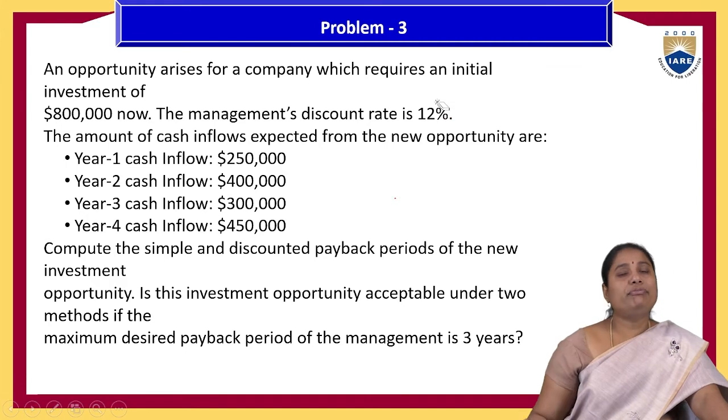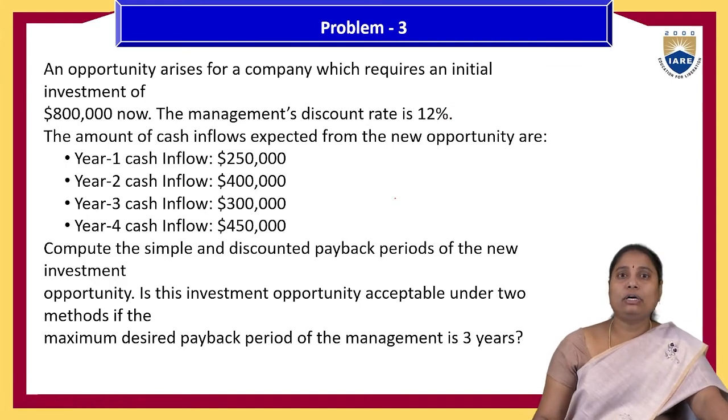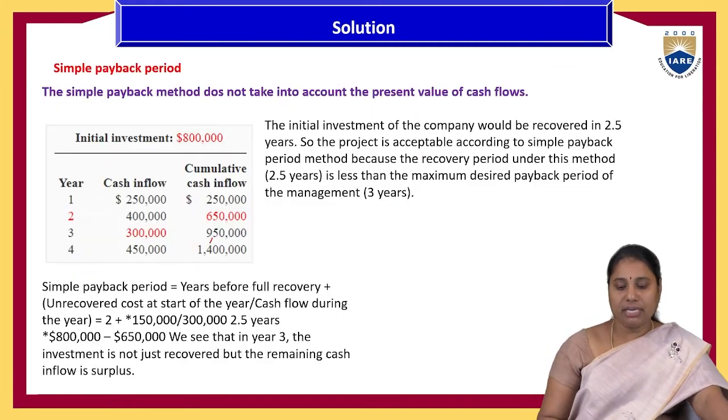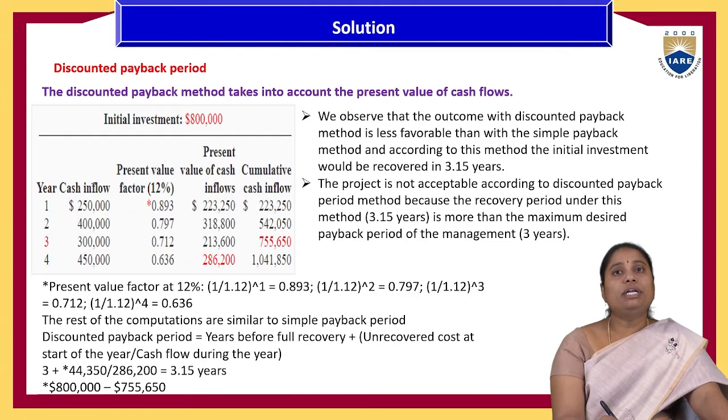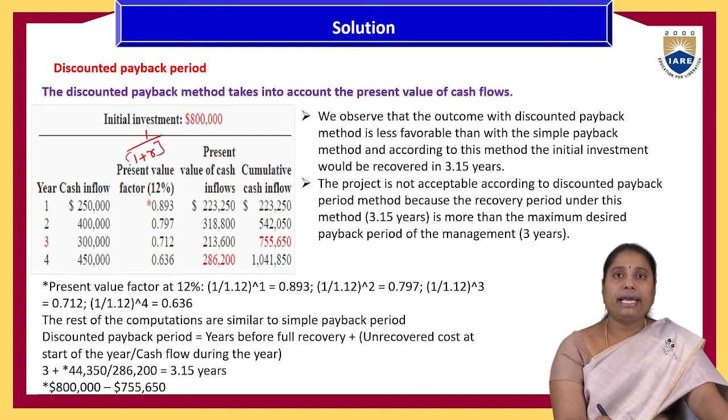So if a discount rate is mentioned, we have to apply discounted cash flow techniques. Generally we use the formula 1 divided by (1 plus r) to the power of n, for the number of years and the discount rate.